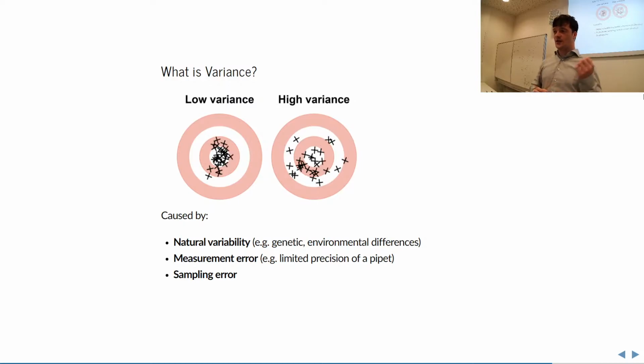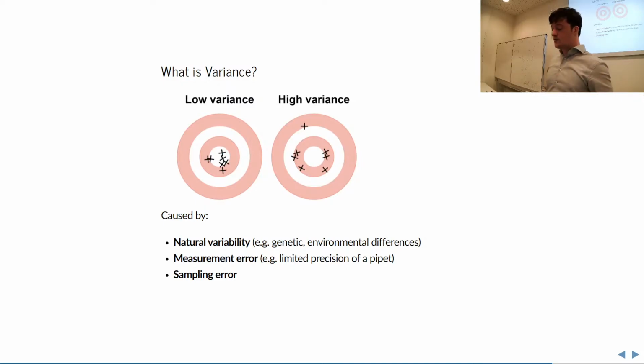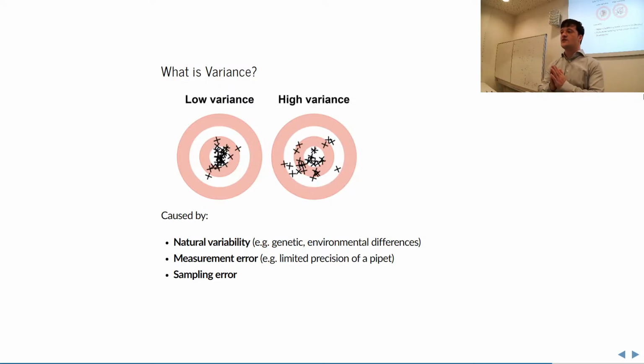Even if you're really good with a pipette, you probably cannot tell the difference between 0.9999 and 1. So however small that is, there will be an effect on the estimate. It will cause a measurement error. Then finally, there's sampling error, because your sample is random. So there's always a chance that your variance is different from that in the actual population.